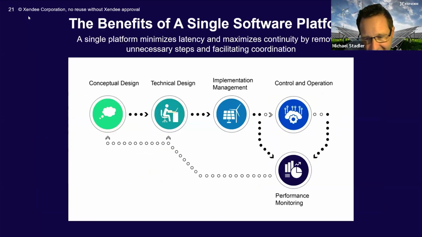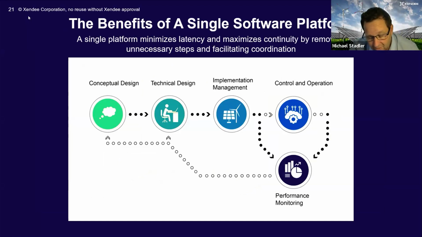So at the end of the day, from our perspective, this whole design implementation process should be connected to some extent, because you don't want to have discrete steps which are disconnected. Maybe you could do a conceptual design by hand in an Excel spreadsheet, but then when you go to a more detailed design, you need to do data transfer, you need to collect more data.